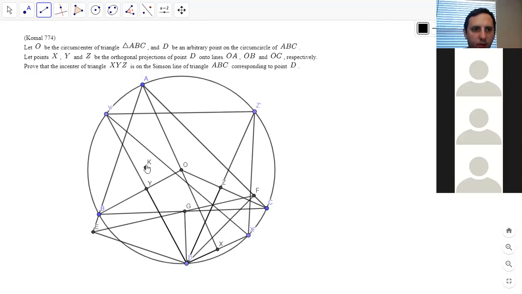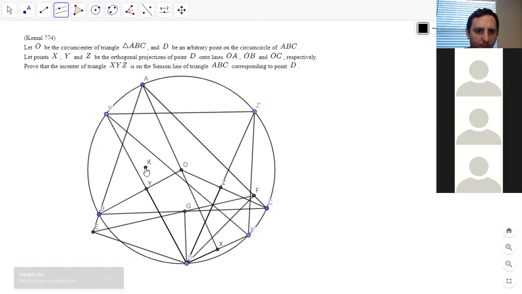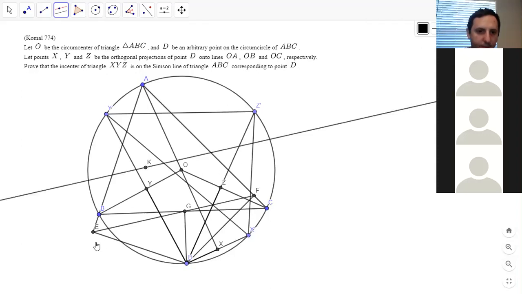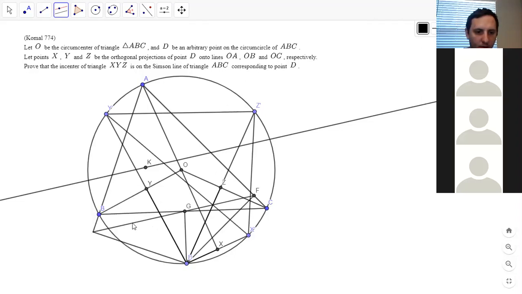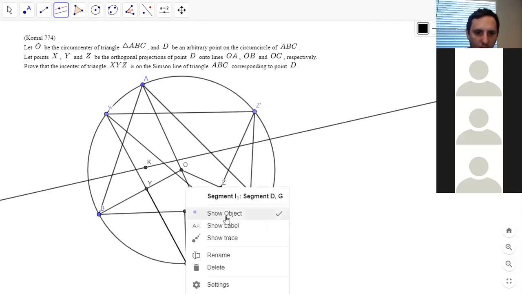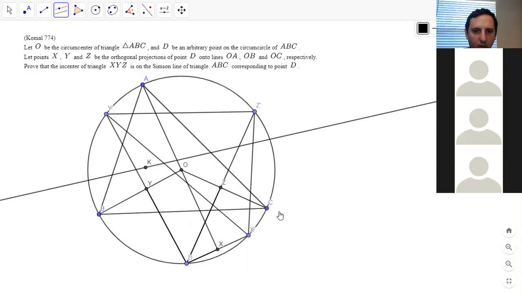Yeah, through the orthocenter and parallel to the Simson line. Okay.